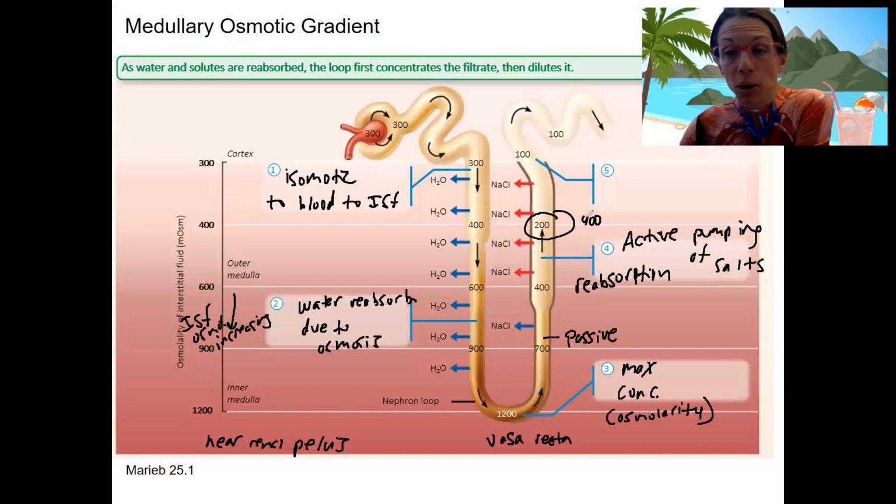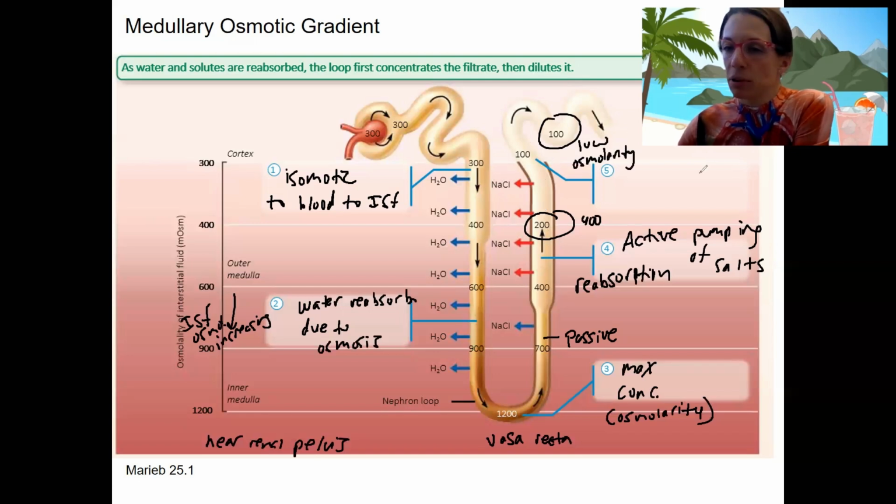Only through active pumping, right? Otherwise it would be in equilibrium. We're pumping out more solutes using ATP to lower the filtrate concentration to even lower than it would be if we didn't have active pumping. That's what allows this to be lower osmolarity on the ascending loop than it was in the descending, and ultimately reach 100, which is very low osmolarity.